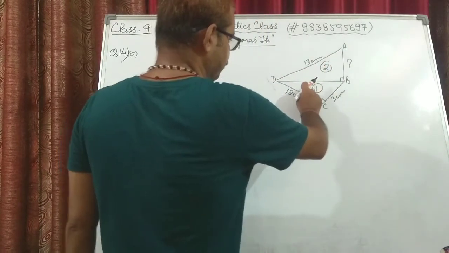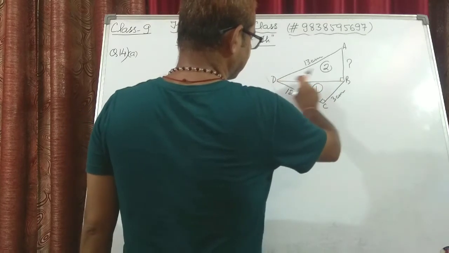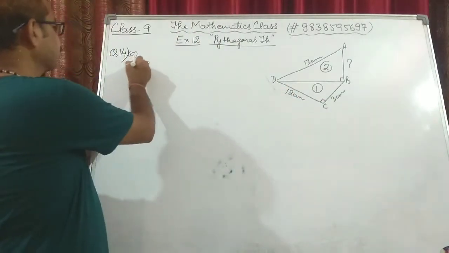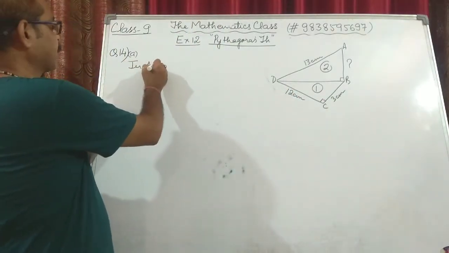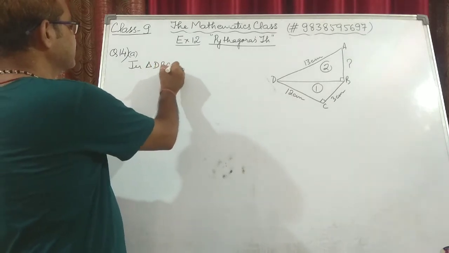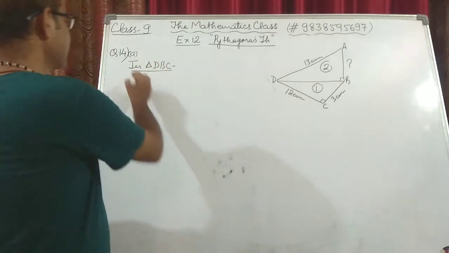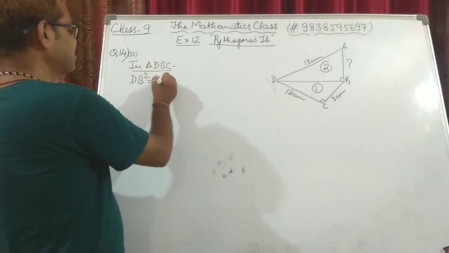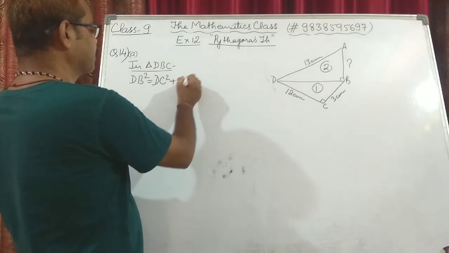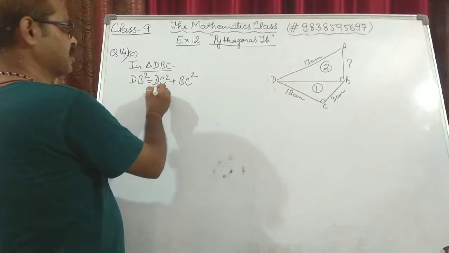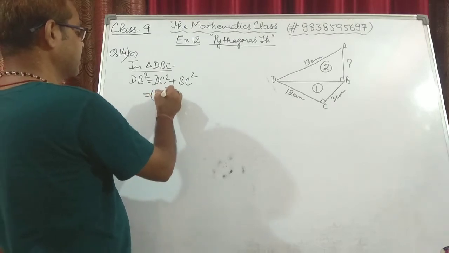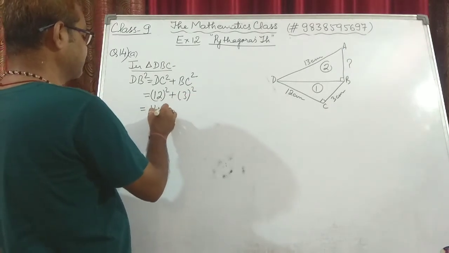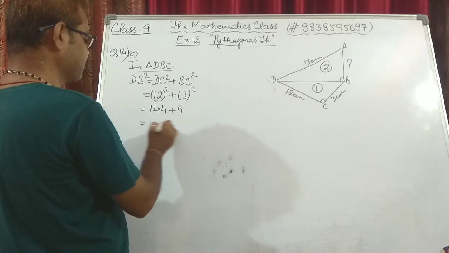From the first triangle, we can calculate the length of DB, that is the hypotenuse, because it is opposite to angle C. So in triangle DBC, we can say DB square is equal to DC square plus BC square. Now DC is 12, so 12 square. BC is 3, so 3 square. 12 square is 144, 3 square is 9, and 144 plus 9 is 153.